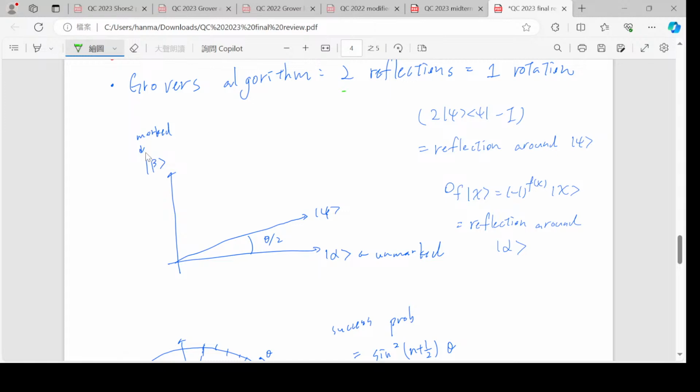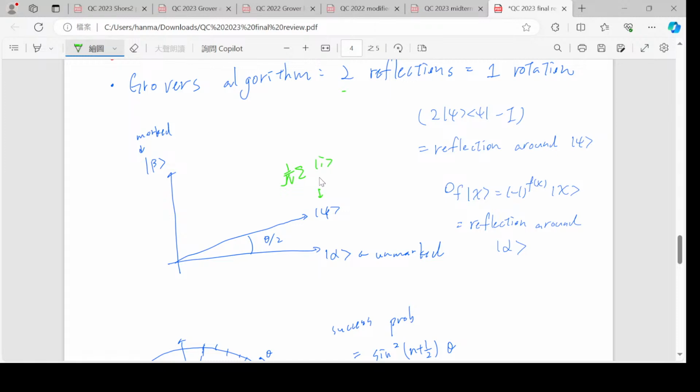One state is the equal superposition of every marked state, so that's called beta. The other state is psi, that's the uniform superposition of everything.